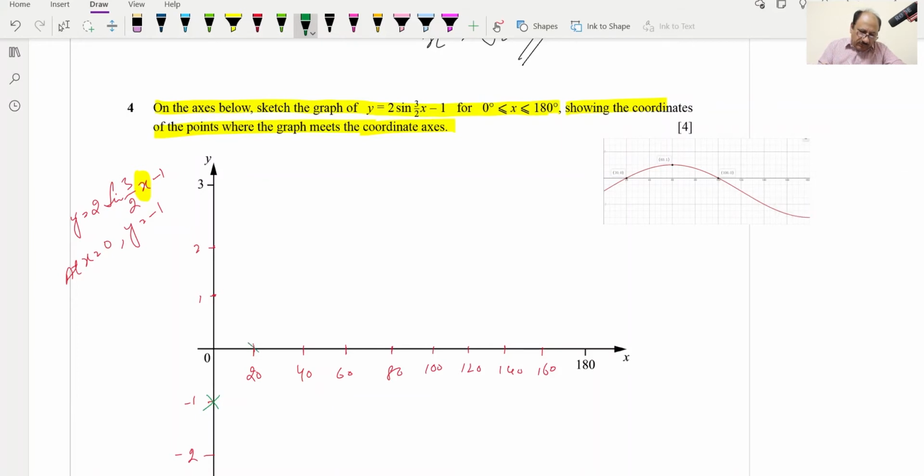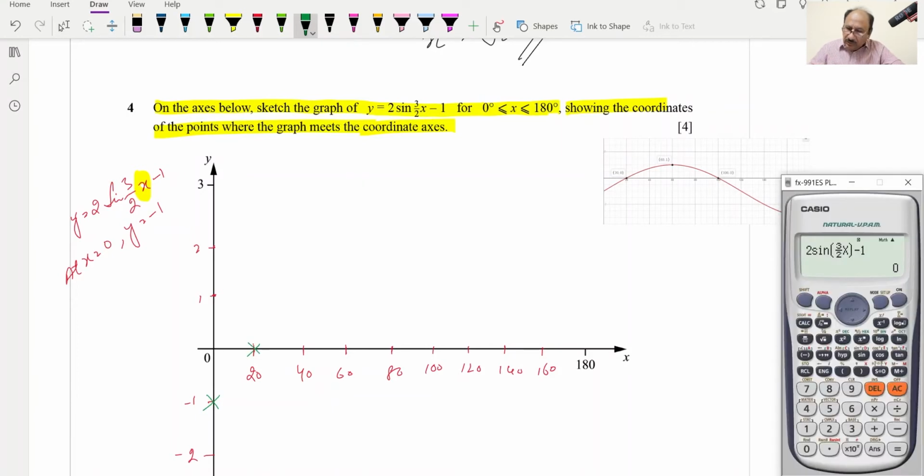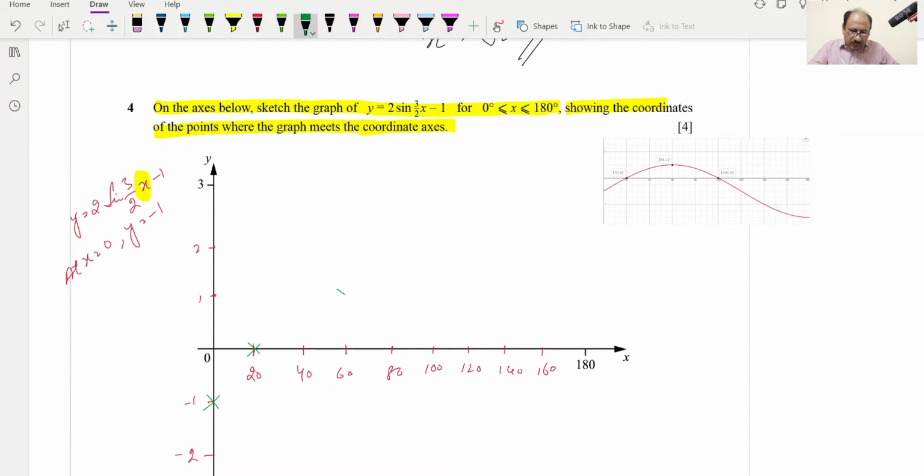So for 20 we will get 0, and we can even check for 40 and calculate for 40. This will give us a decimal value, and we'll be ignoring that one. Calculate for 60, and this is equal to 1. So rounded value will help us, so we can take the rounded value over here, and this is a little above, so I will take it a little down over here.